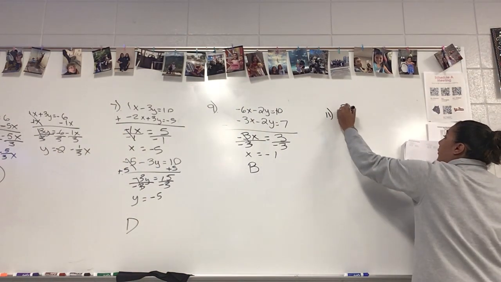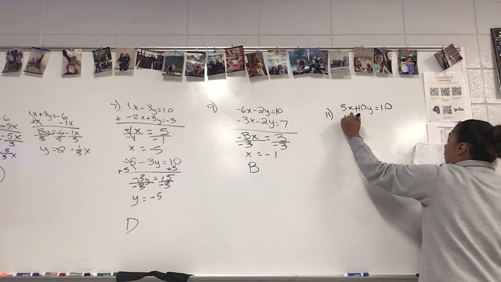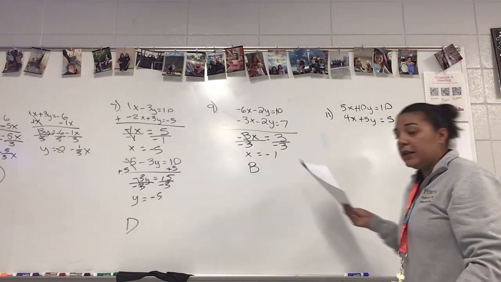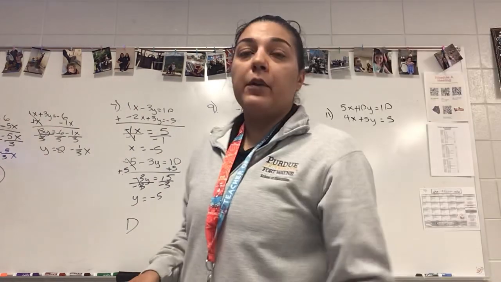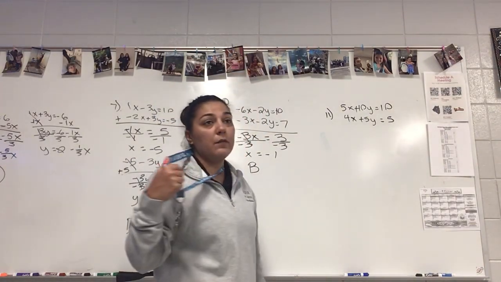Okay, 11, I got 5x plus 10y equals 10, and 4x plus 5y equals 5. This one we have both different numbers, so we need to multiply by something to cancel. What do you want to cancel?